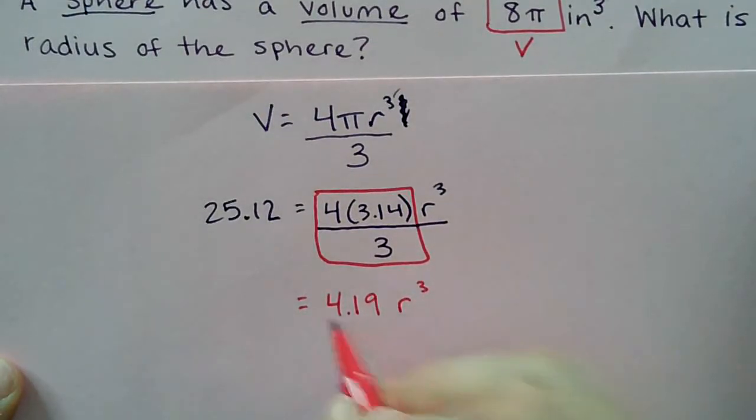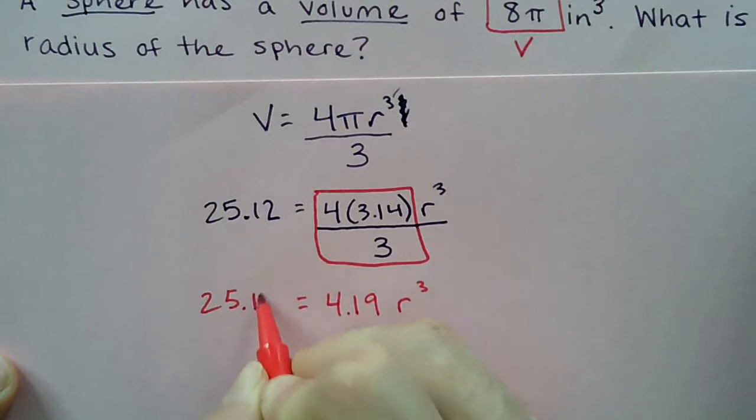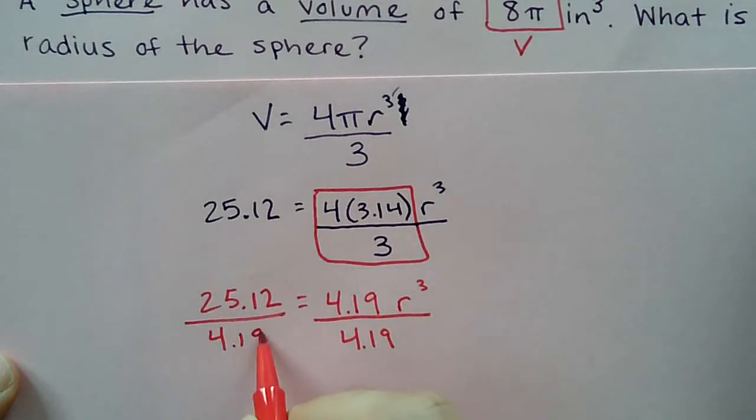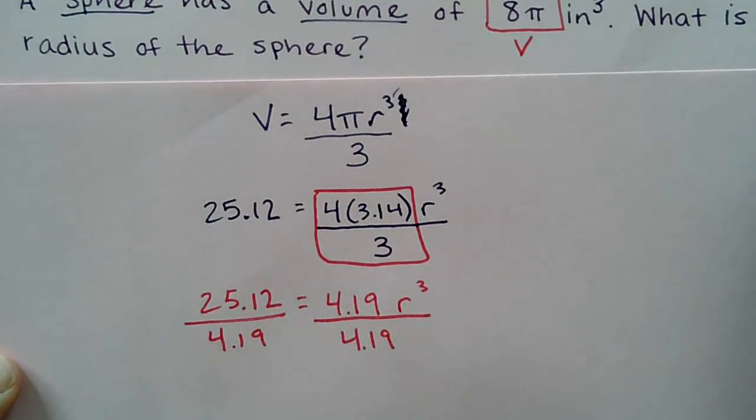r cubed equals 25.12. Now I just have to divide by 4.19. Now remember how we rounded that? It was 4.186666.